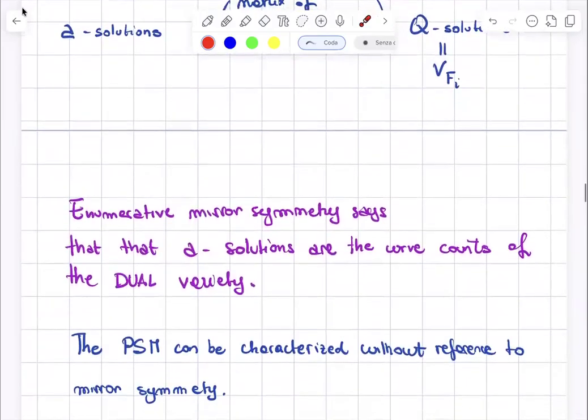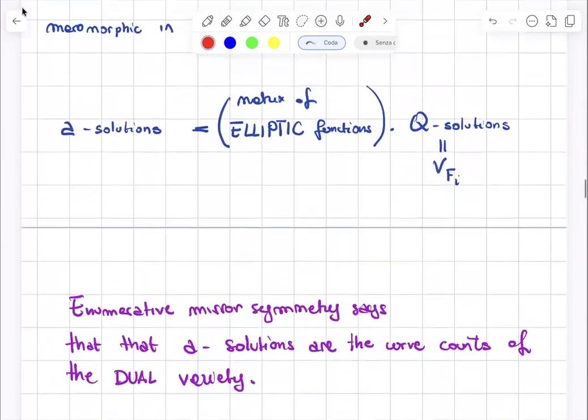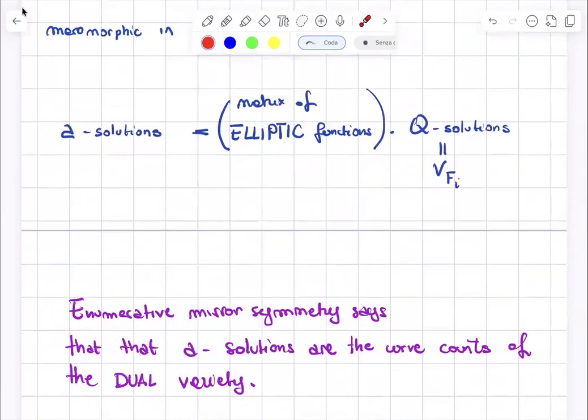This matrix, which solves the problem of moving from one set of solutions to the opposite set of solutions, may be called the pole subtraction matrix, because it removes poles in one variable and adds poles in the other one.